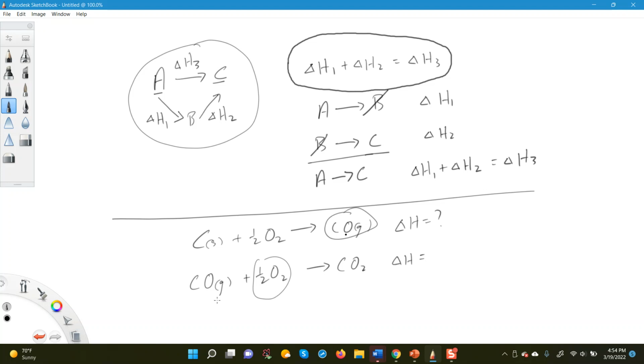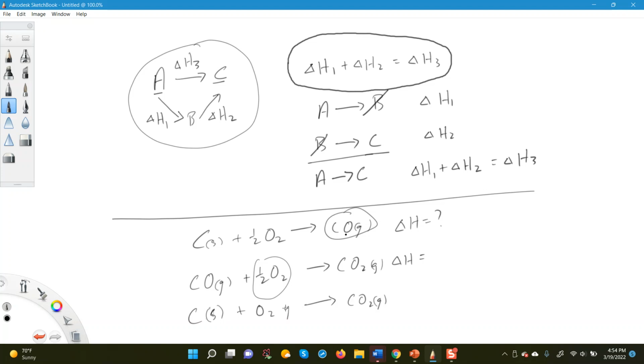So if we know this value here and this value here, we can determine the enthalpy change for the reaction for which it's very difficult to determine delta H experimentally.